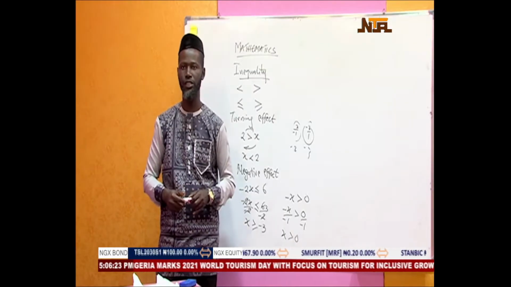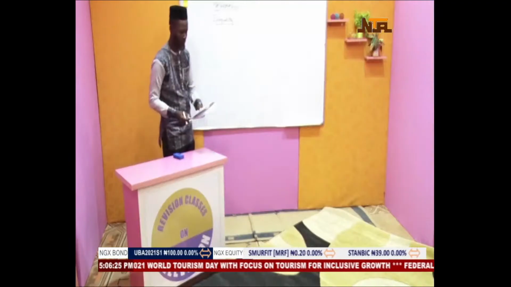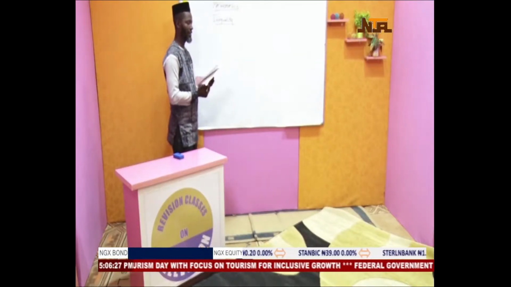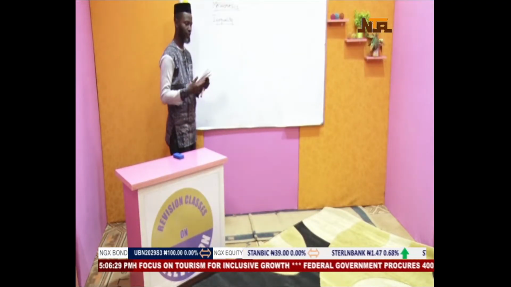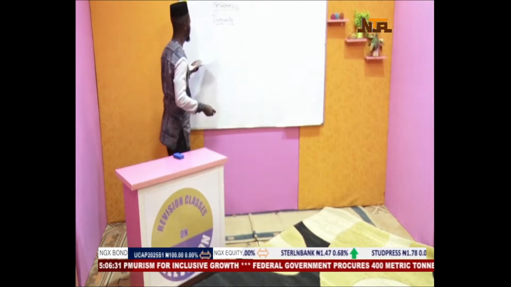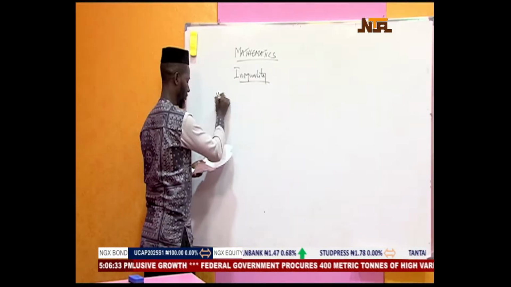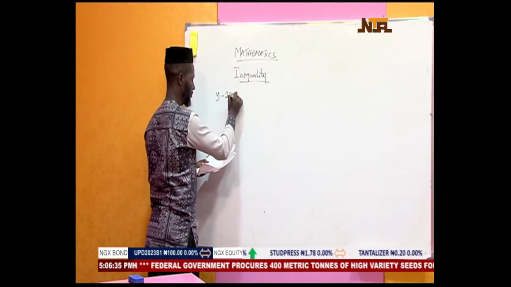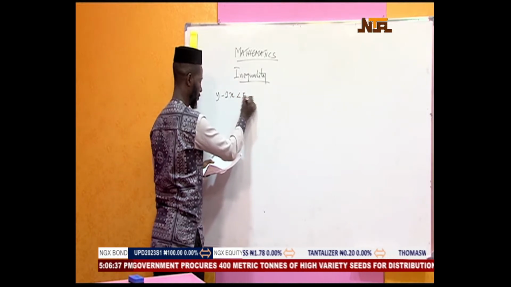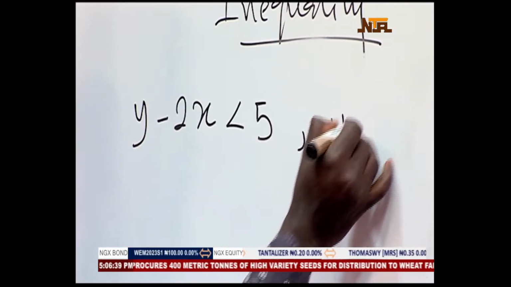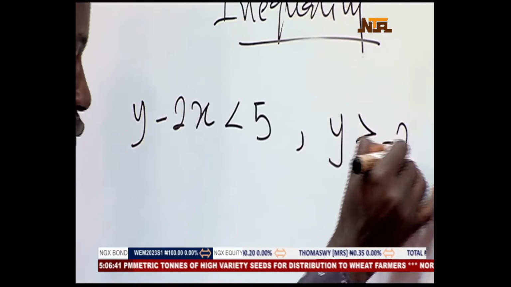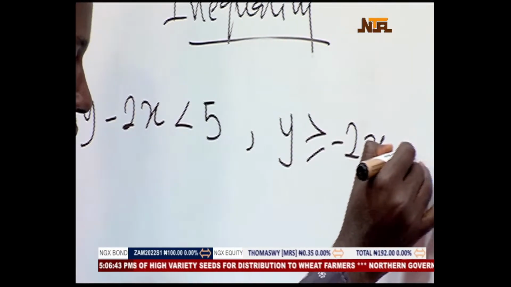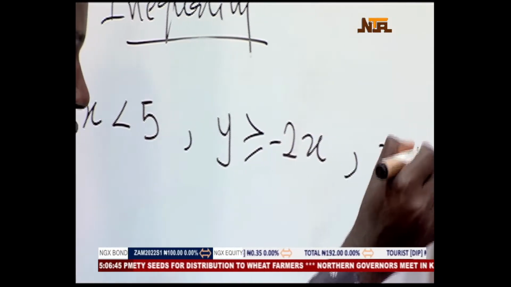Let's now proceed to today's question. The question is, illustrate graphically and shade the region in which the inequalities y minus 2x less than 5, y greater than or equal to minus 2x, x less than 1.